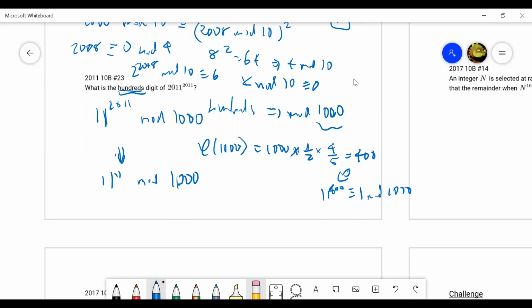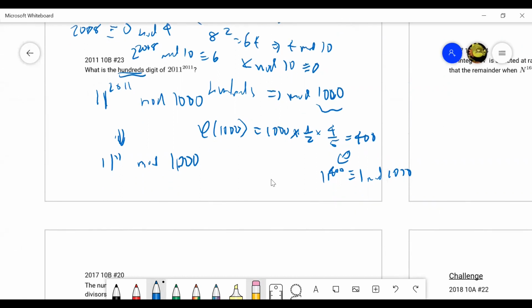But I think that a more elegant solution is to use the binomial theorem. And I don't know if I talked about this earlier. I probably should have.